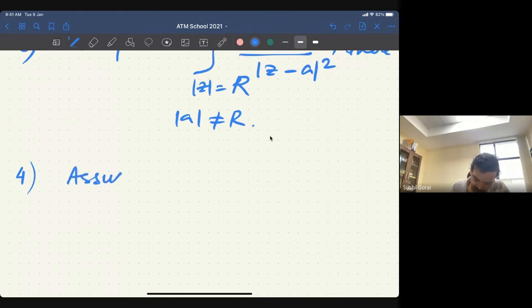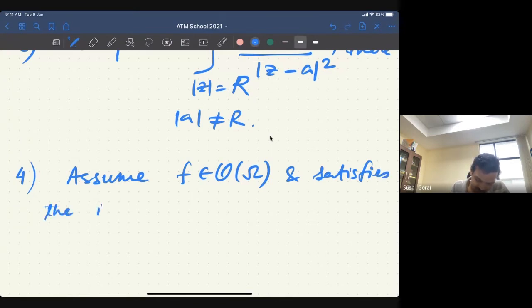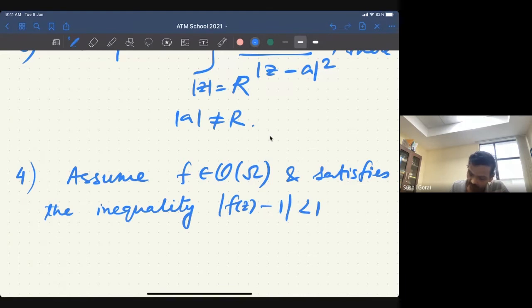Assume f is holomorphic in omega and satisfies the inequality mod f(z) minus 1 less than 1 in omega.